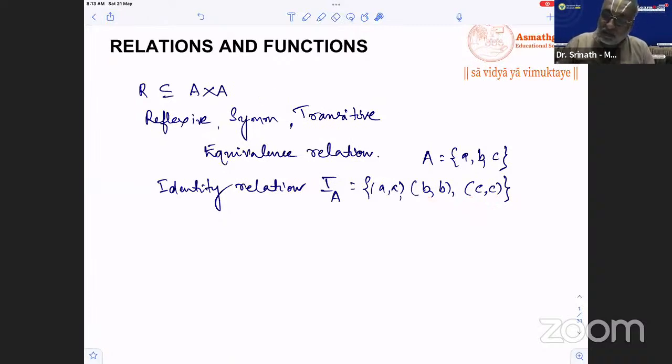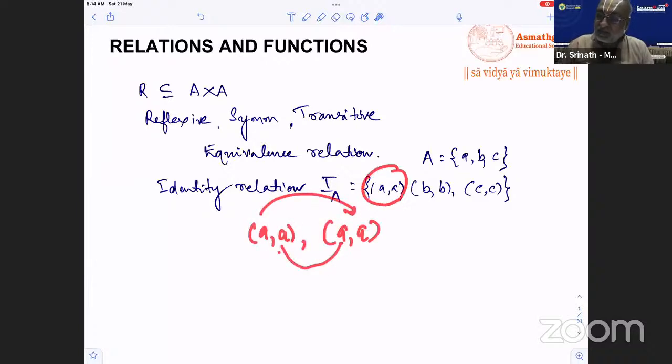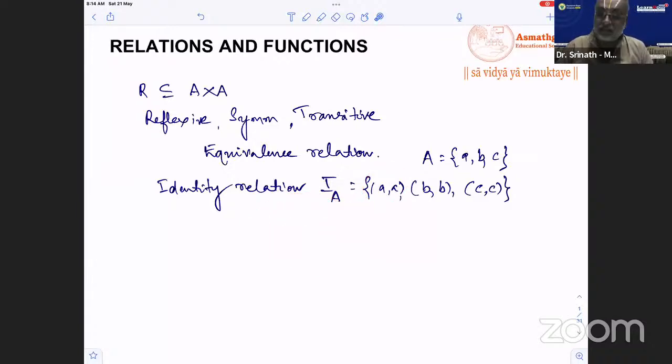Now, how do you check the transitive property? If you have A comma A, take A comma A again. A is linked to A. Okay. So this A and A should be related. Is it here? It is here. So therefore, it is transitive also.